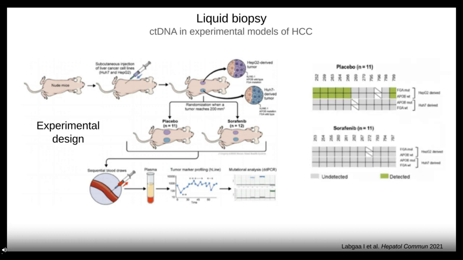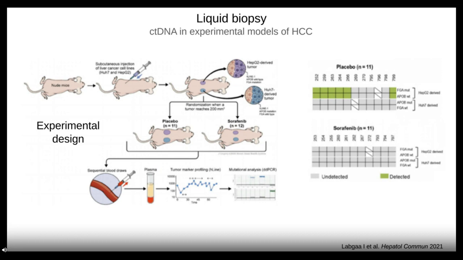We have also worked on developing experimental models to study liquid biopsy, and this is a very easy approach. We inject subcutaneously in nude mice 2 cell lines that have different genetic makeup, trying to mimic heterogeneity in humans, and they were treated with sorafenib or placebo.